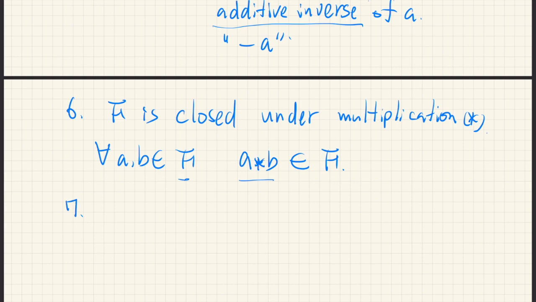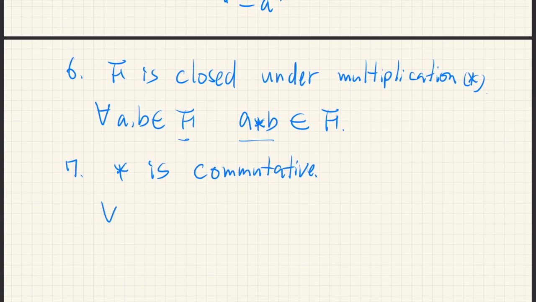And 7, this multiplication is commutative. So that means for any elements A and B in F, we have A times B equal to B times A. So we can swap the order.